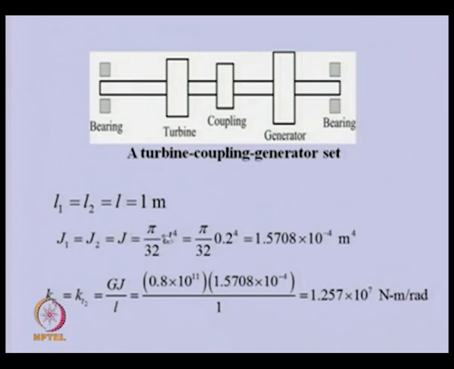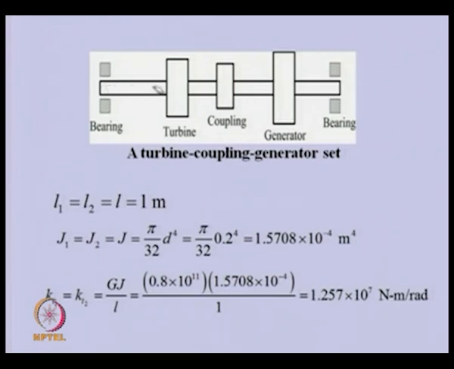Various properties of the shafts are given, like 0.2 meter is the diameter of the shaft, and we have the torsional stiffness of the shaft in this particular region, because you can see that we are not considering the mass of the shaft.